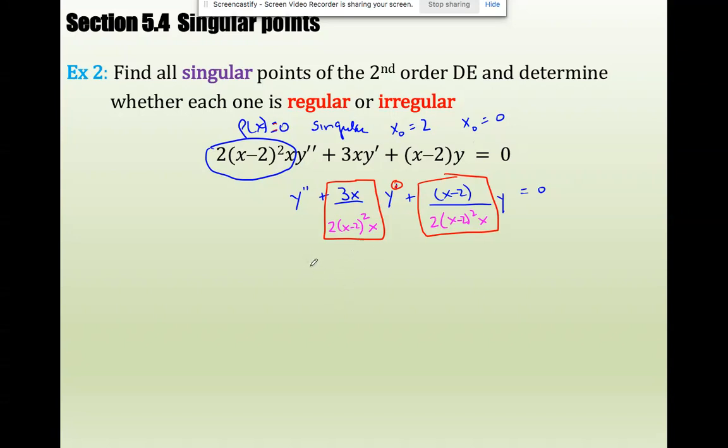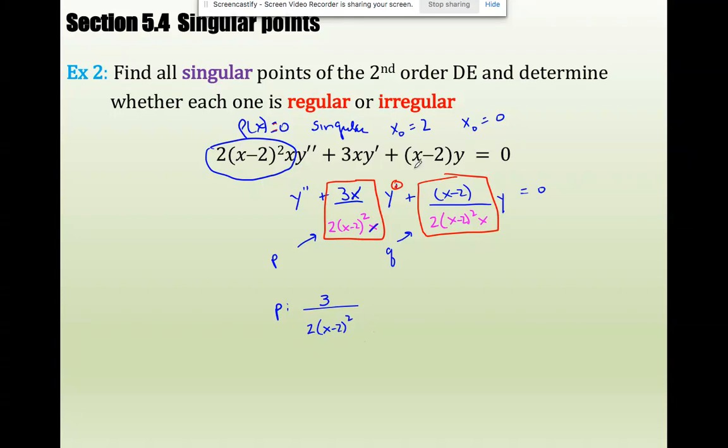So let's clean up, right? This one we call little p. This one we call little q. So let's clean that up. P is 3 over 2 times x minus 2 squared.